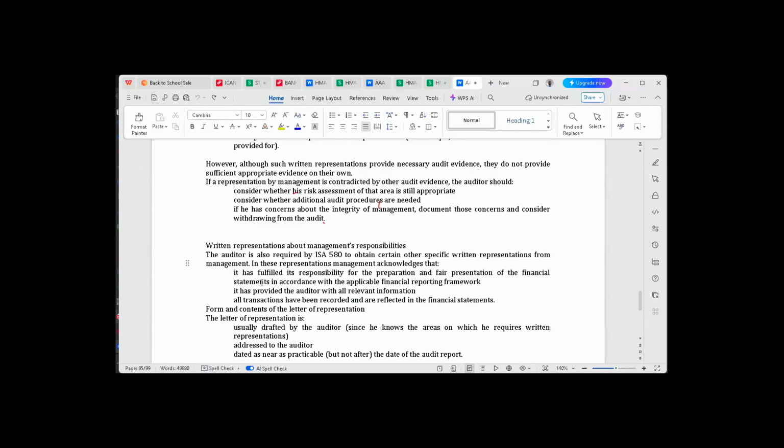Now, what you need to note here, and I need to say it, is that the written representation, like I said, is written by the management, yes. But technically, in the real world, the letter of representation is usually written by the auditor on behalf of the management. Why is that so?